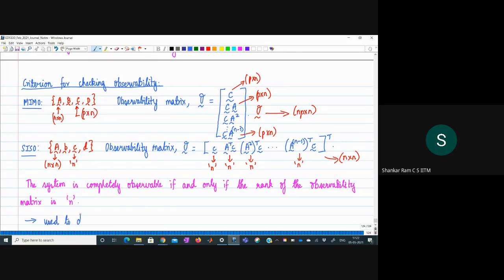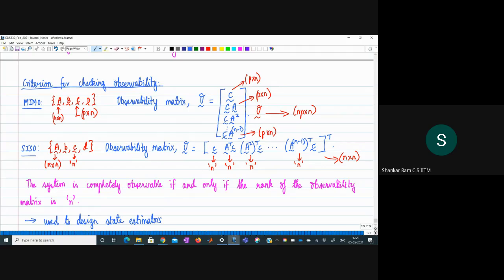As we discussed, we want the knowledge of the state variables to calculate the control input. If we use full state feedback, who will provide us the information of all the state variables?